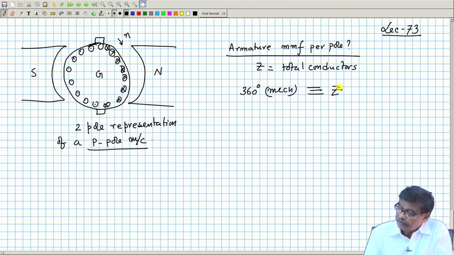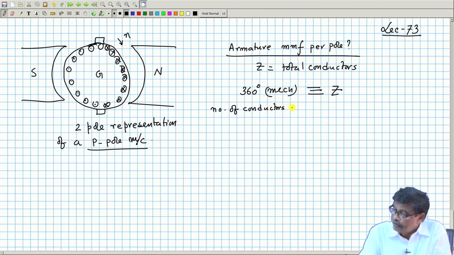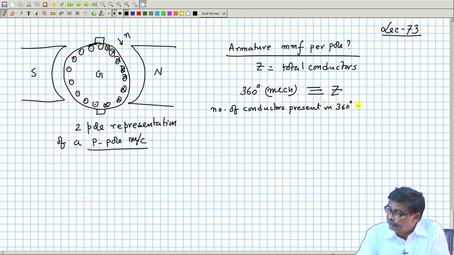Therefore, over 180 degrees, how many conductors are there? I will write it like this: the number of conductors present in 360 degree mechanical is equal to Z.